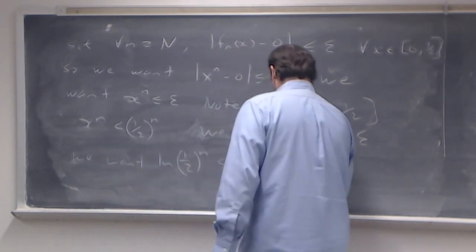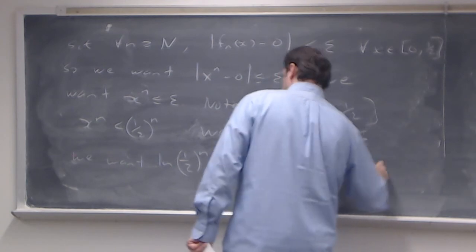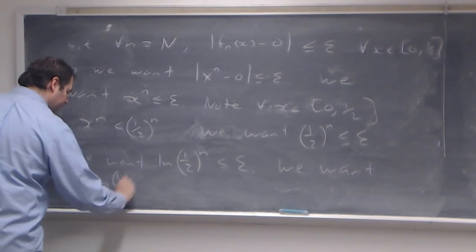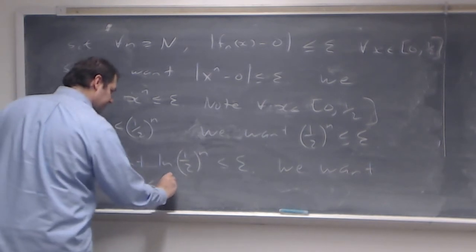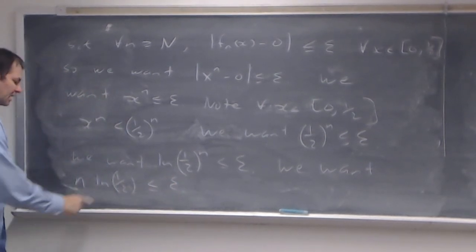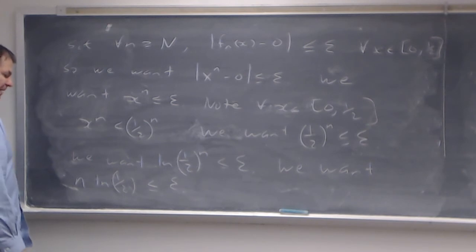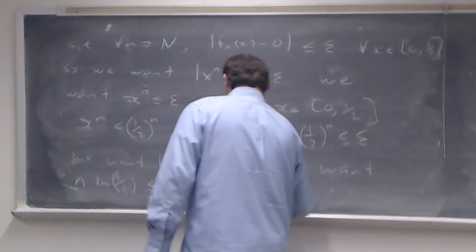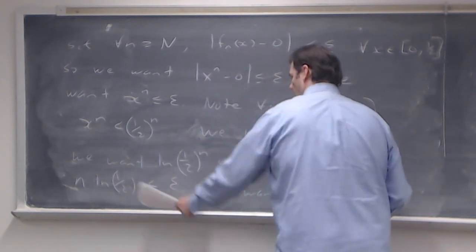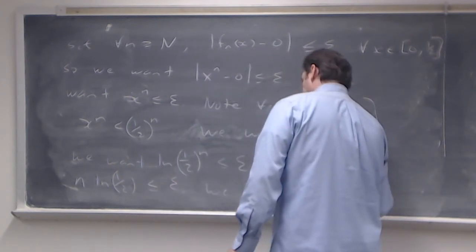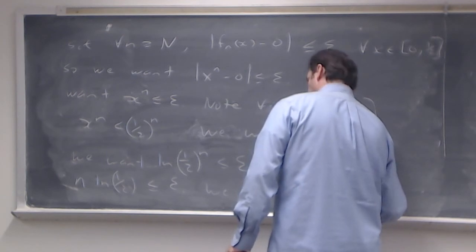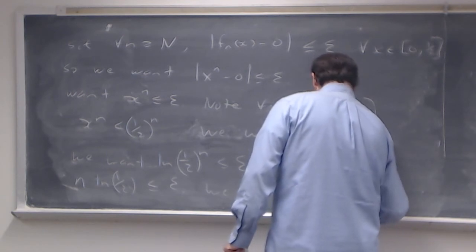And then that means we want n times ln of 1/2, by the property of logarithm, to be less than or equal to epsilon. Now, ln of 1/2 is going to be a negative number, so when I divide by it, we have to switch the direction of the inequality. So we want n to be greater than or equal to epsilon over ln of 1/2.